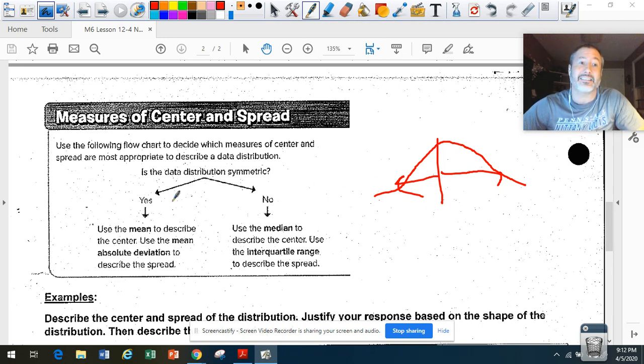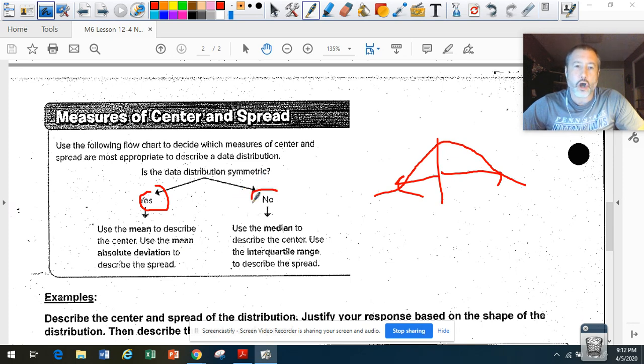If it is symmetric, we have a yes. If it is symmetric, we use the mean to describe the center. So we have to go figure out what the mean is and go from there. Use the mean absolute deviation to describe the spread. You remember that mean absolute deviation. If not, you need to go back and look to see how we figured that out.